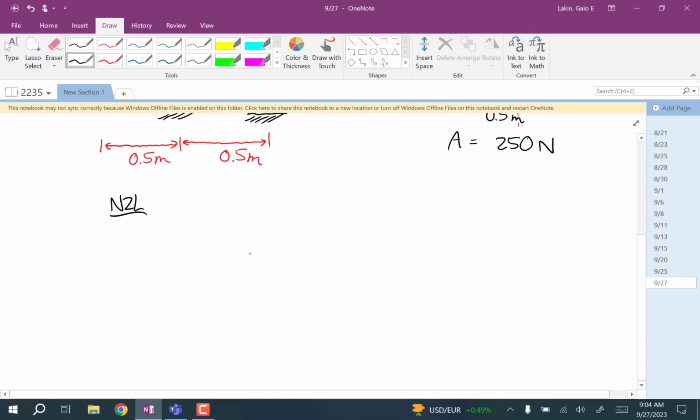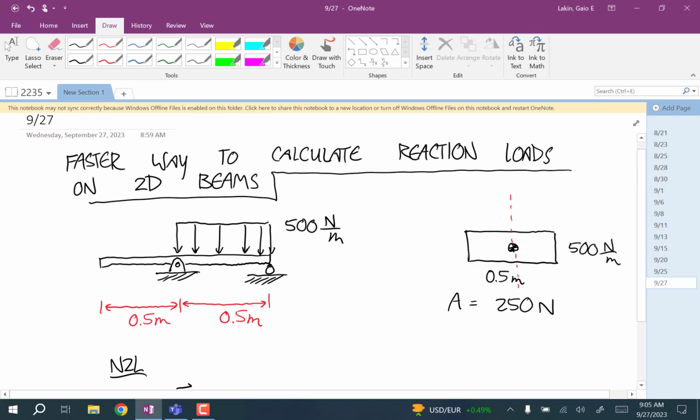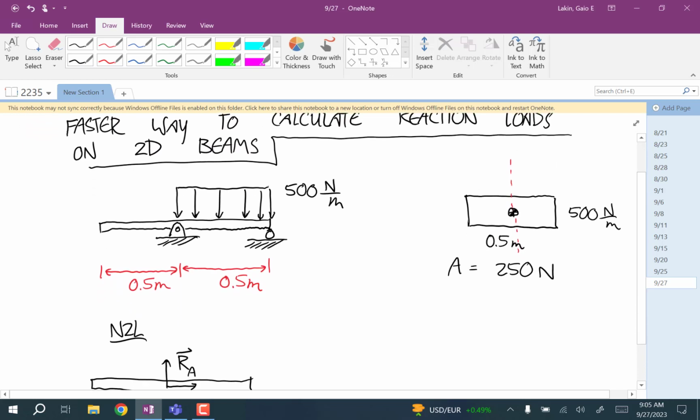So, Newton's second law. There's the beam. We have a pin joint at the center, so that applies an unknown force vector. I'll call that RA. And then we have an upward force from the roller. I'll call that RB. And, well, I didn't give a mass, but let's give a mass.